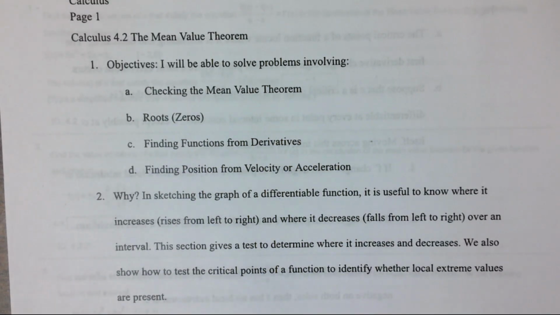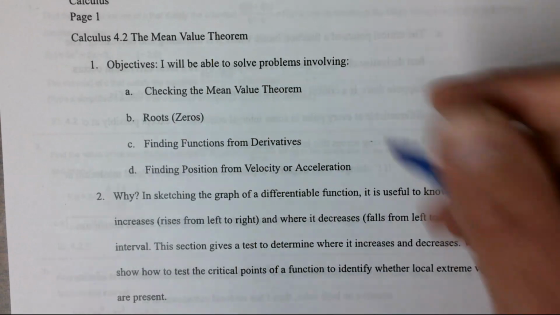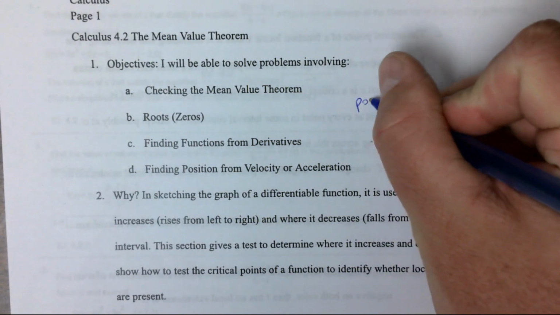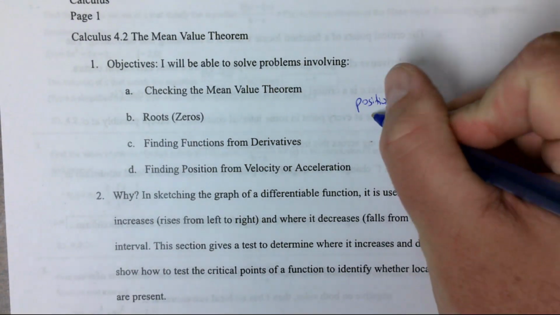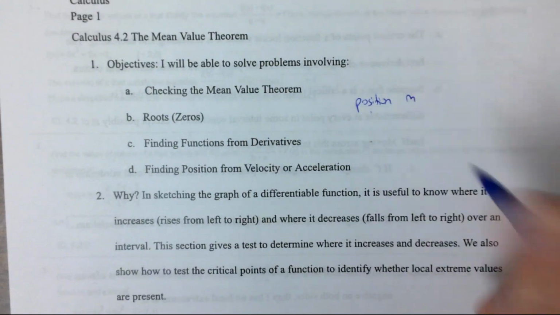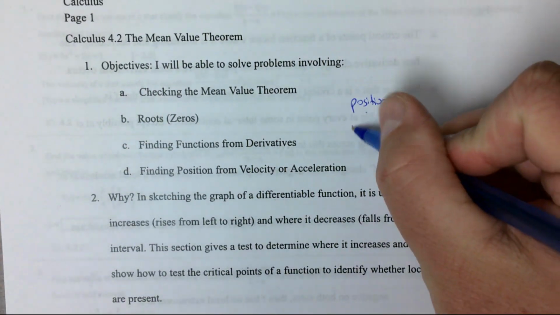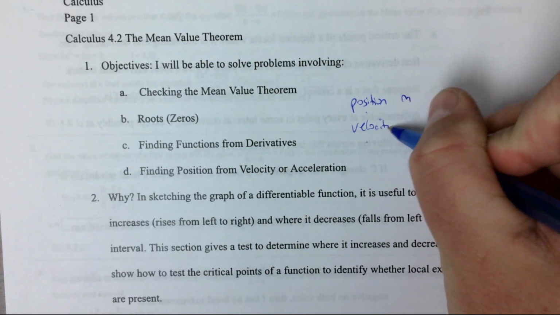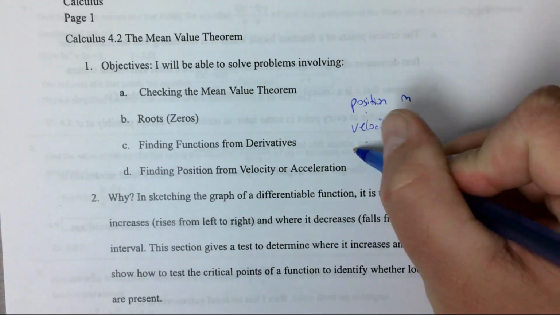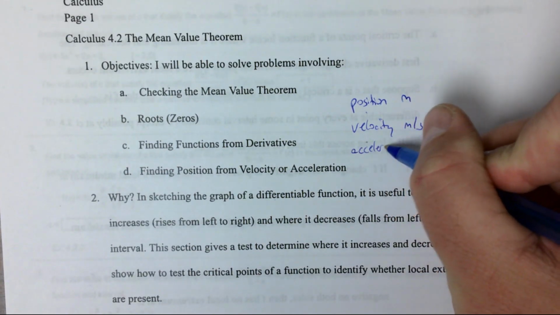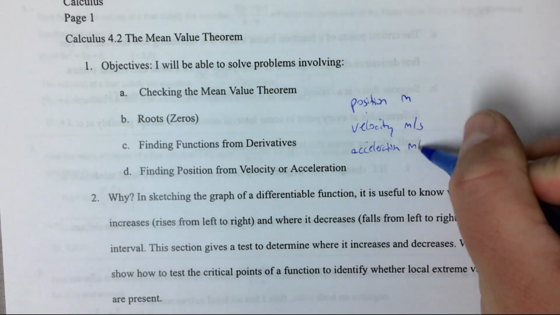So as you may remember from physics, you have position, like as an example would be meters. You have velocity, which would be meters per second. And you have acceleration, which would be like meters per second squared.